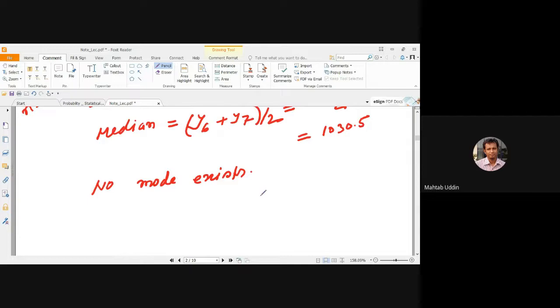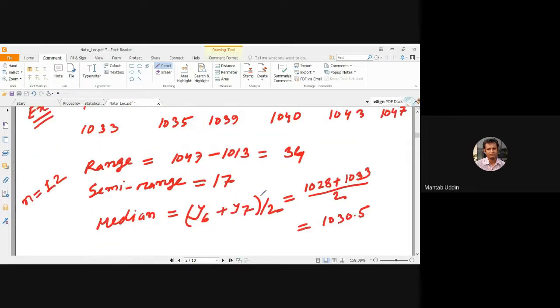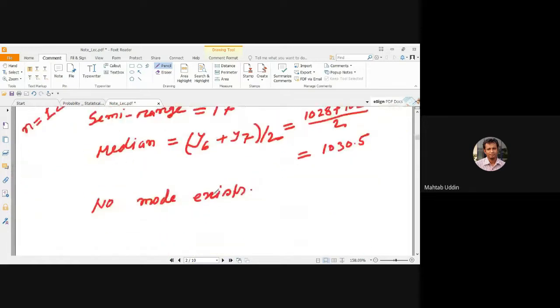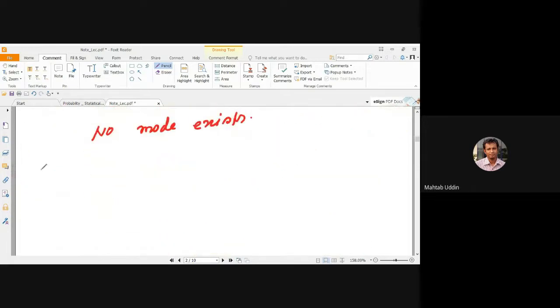Okay, we have considered range, semi-range, median, mode. Now say I want to find the second decimal, denoted by D2. First we have to find the position. The position is 12 plus 1 into 2 by 10.